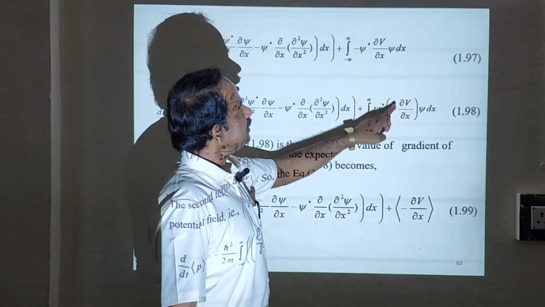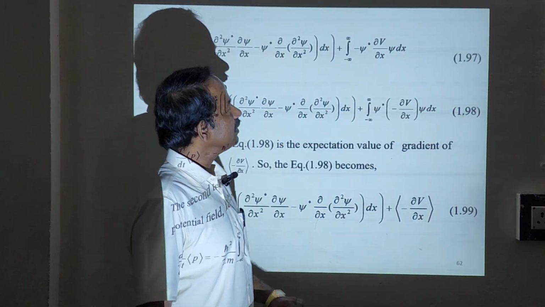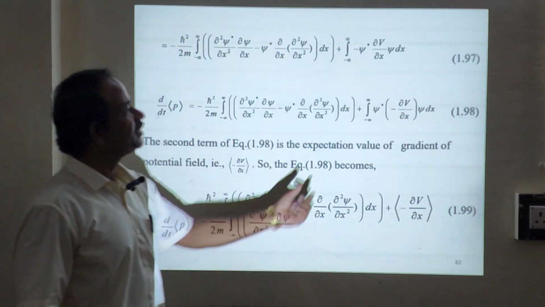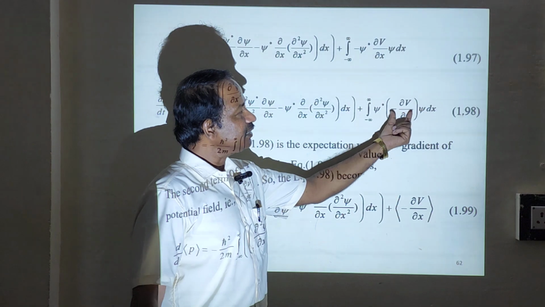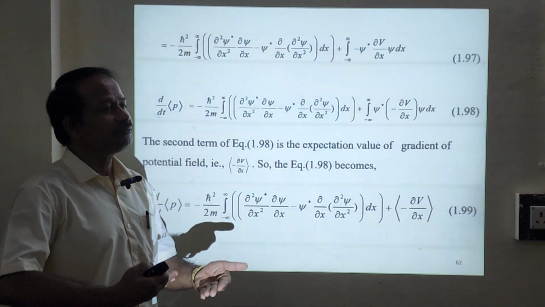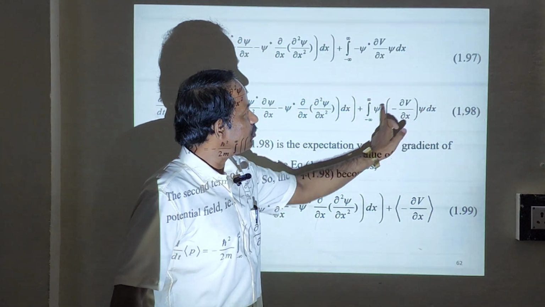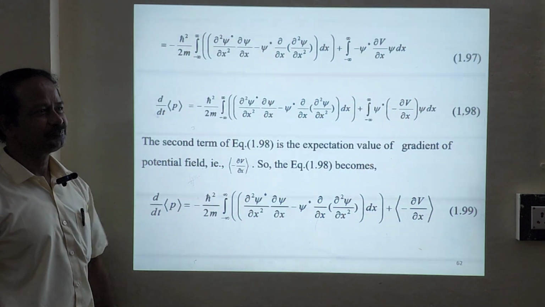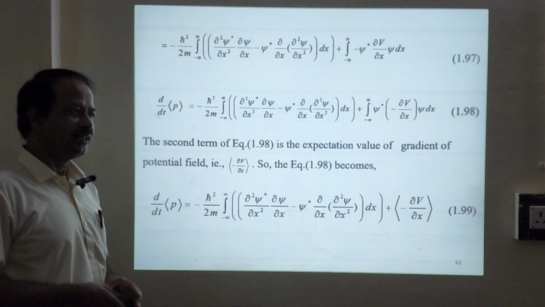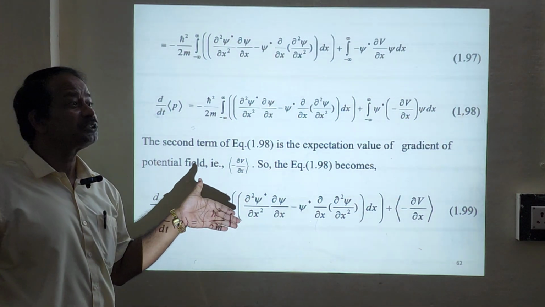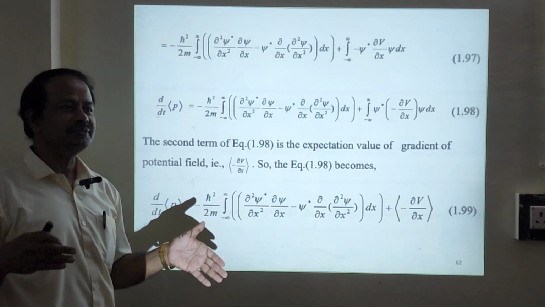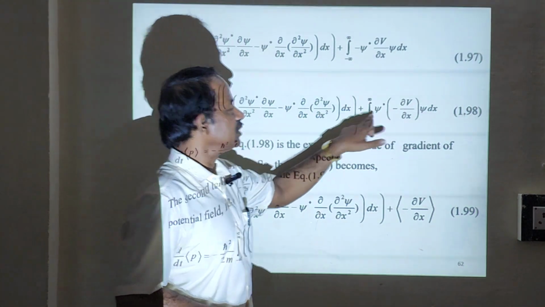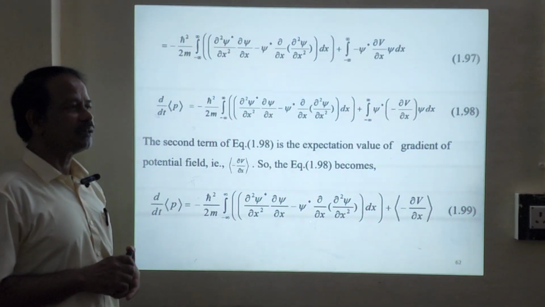So we can write this minus sign inside, minus partial dV by dx. I am going to take this minus sign inside. The reason is dV by dx with a minus sign is sandwiched between the ordinary wave function and the complex wave function. So this term is nothing but an expectation value. Any expectation value can be written as sandwiched between the ordinary and the complex wave function, as we discussed already.